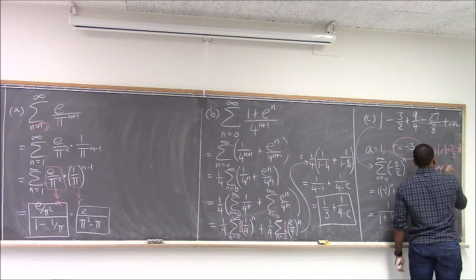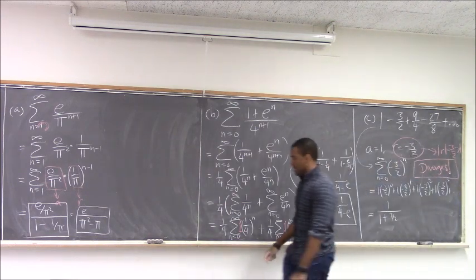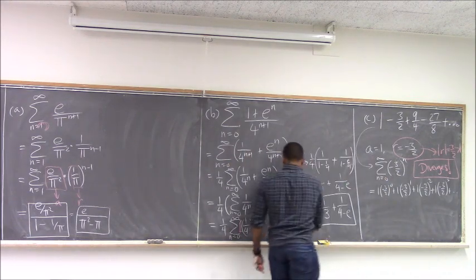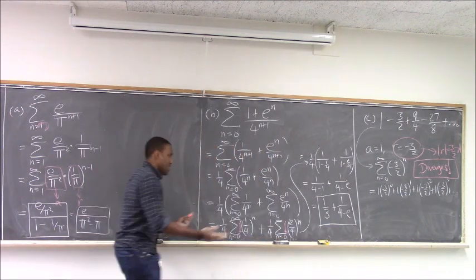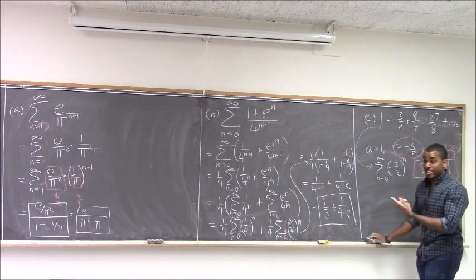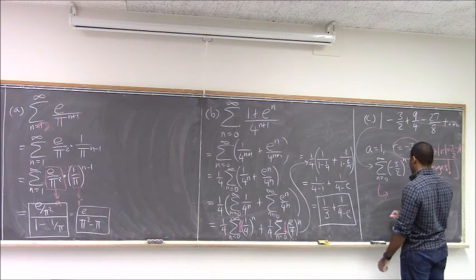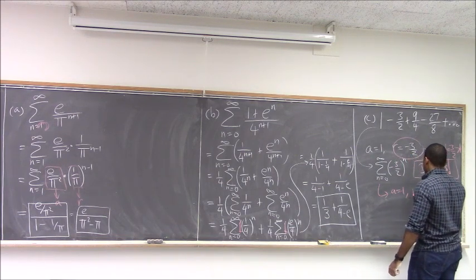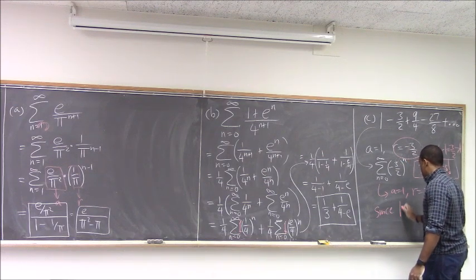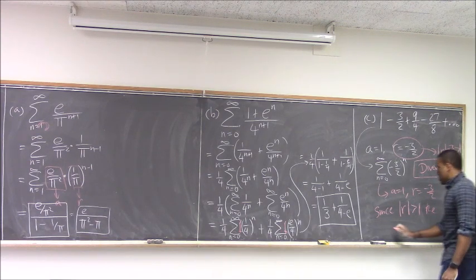So, no, it does not go to that. We're seeing mistakes happen in real time here. This is good. So you won't make the same mistakes on a test. So this actually diverges. So a is equal to 1, your r is equal to minus 3 over 2, and you would say since the absolute value of r is greater than 1, the series diverges.